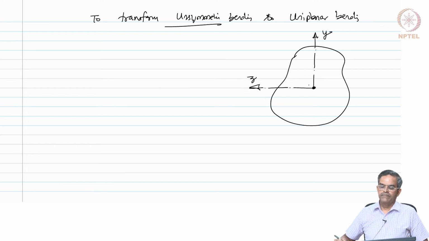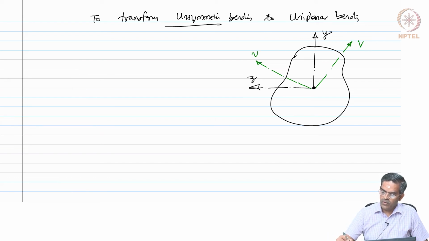Okay. Let us also mark two more additional axes which is called the V and U axis. Let us measure the angle of U axis from Z axis or V axis from Y axis as alpha.